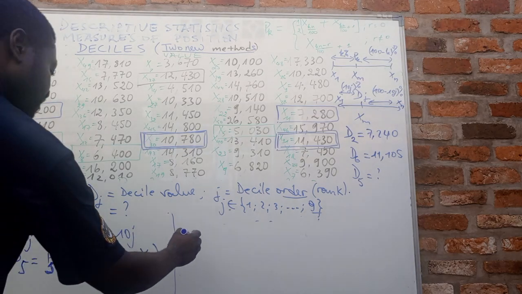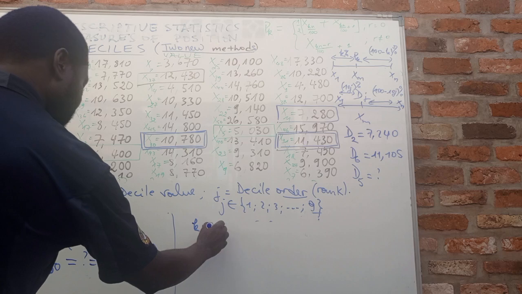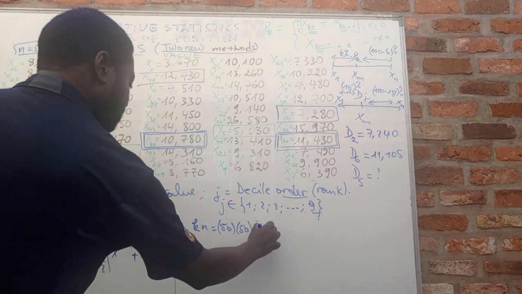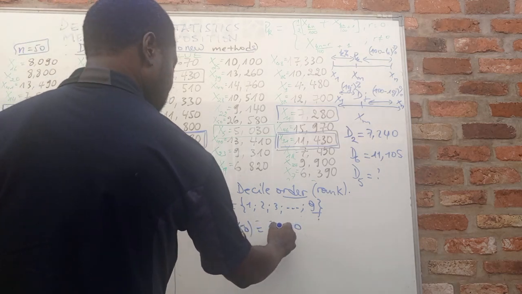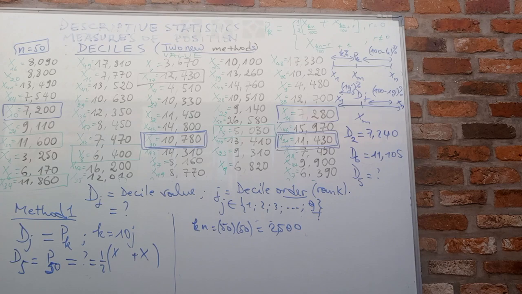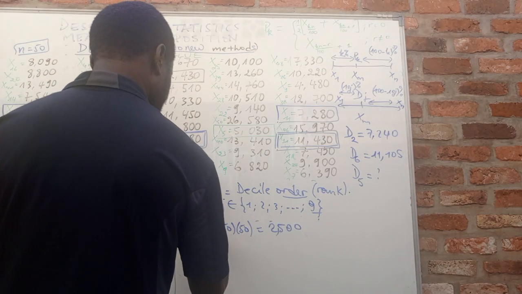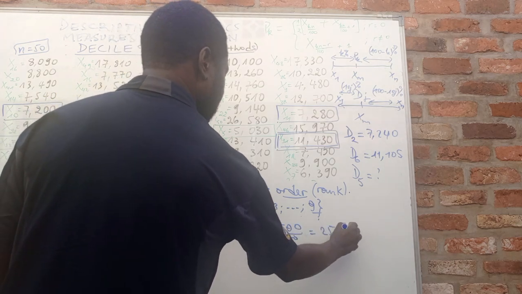So let us now calculate k times n, 50 times 50. So this is 2,500. Now we need to divide by 100. If we do so, remainder is 0.